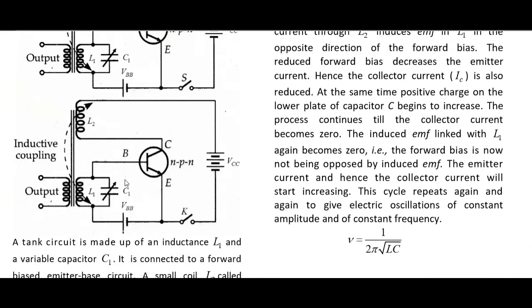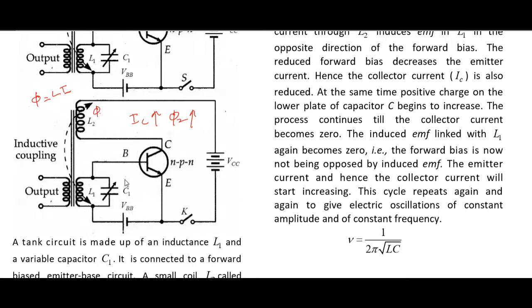We are simply familiar with this formula, phi is equal to Li. Now from here, IC grows. If IC grows, what does it mean? That phi 2, I will call it phi 2.